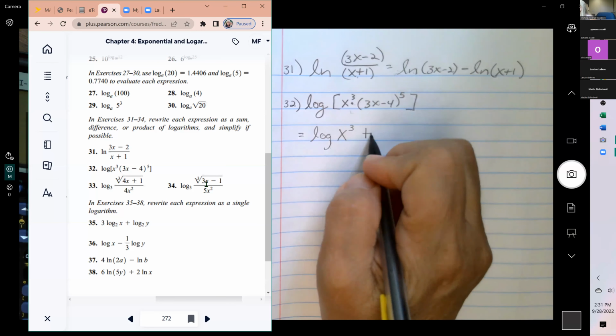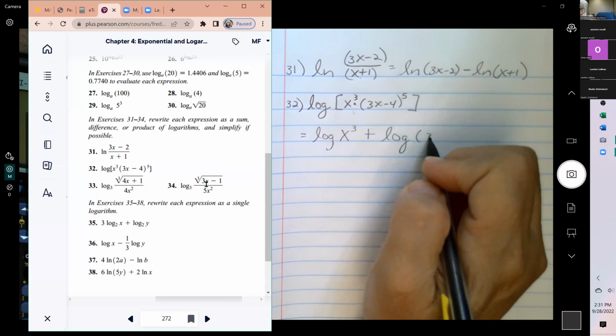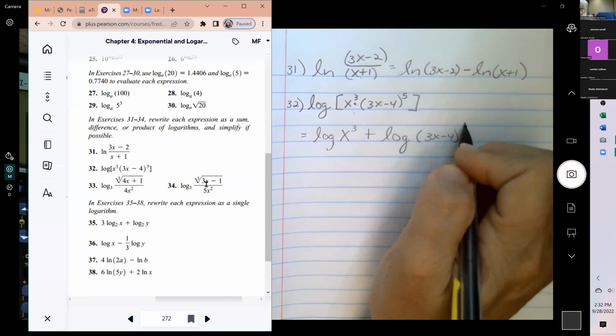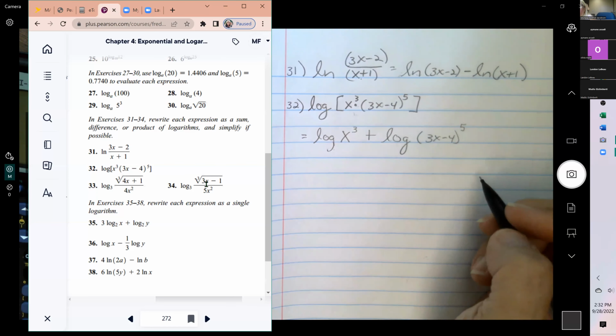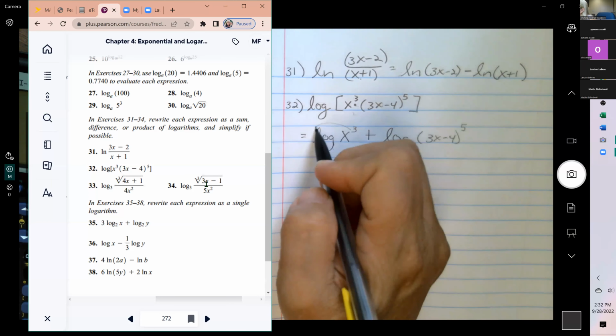Multiplication becomes an addition. And then log of 3x minus 4 to the 5th. Now we can take these exponents and put them down in front.